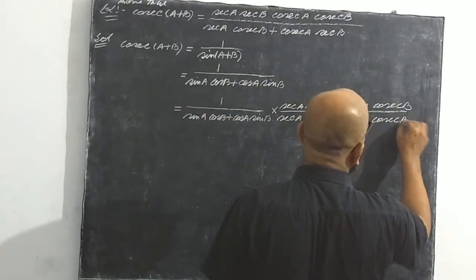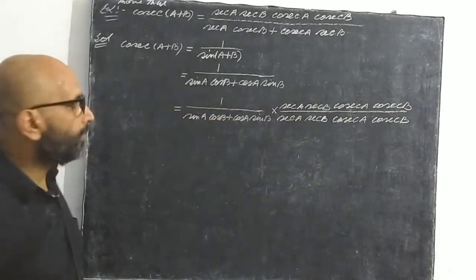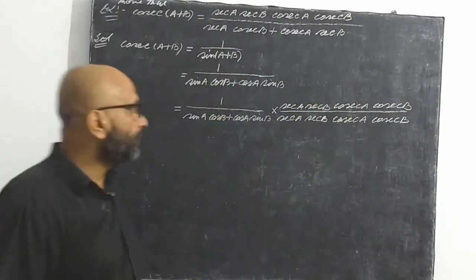So we are doing so. We are multiplying numerator and denominator by sec A sec B cosec A cosec B.